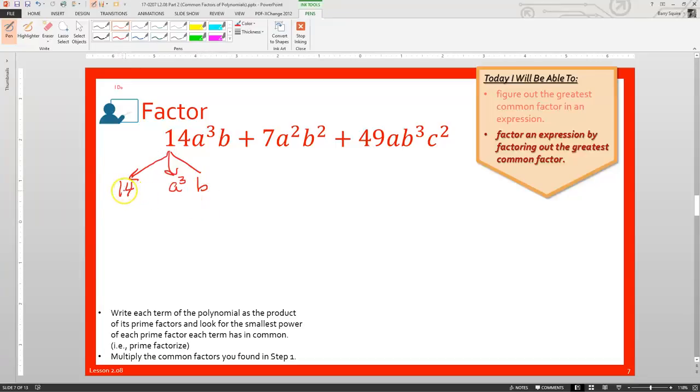And then we said we can take this 14 and break it down into 2 and 7. So here are our prime factors: 2 times 7 times a cubed times b. And if we wanted to be super specific, instead of writing a cubed, we could write a times a times a. And that might actually be easier, at least in the beginning.